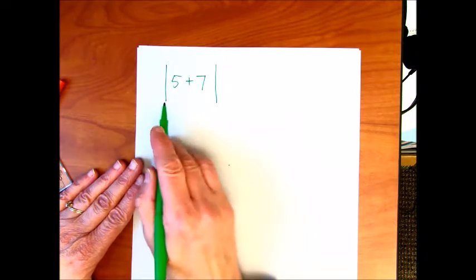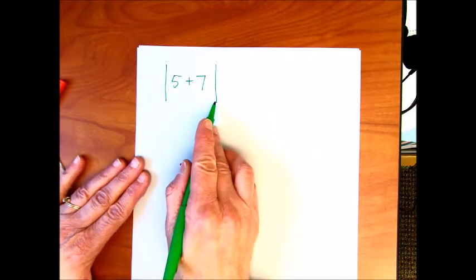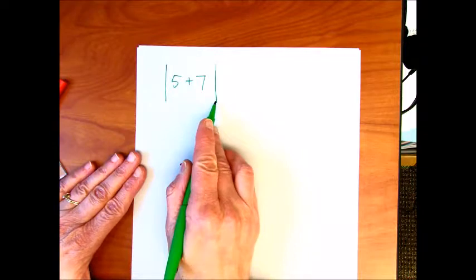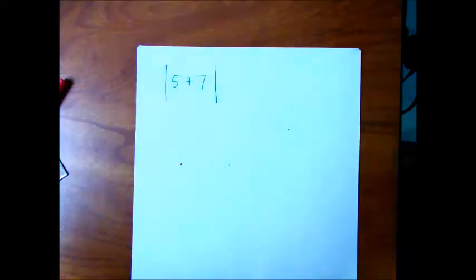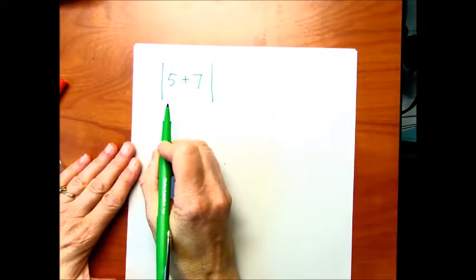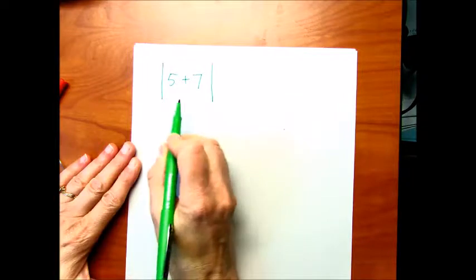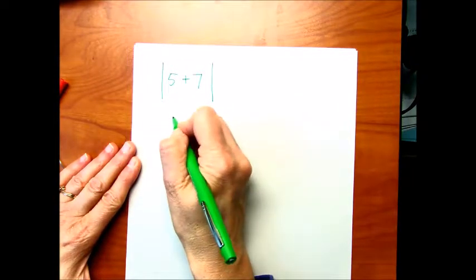And so these straight lines that indicate absolute value are kind of like parentheses when you were working with order of operation problems. So before we can take the absolute value of 5 plus 7, we have to evaluate 5 plus 7. And so 5 plus 7 is 12.